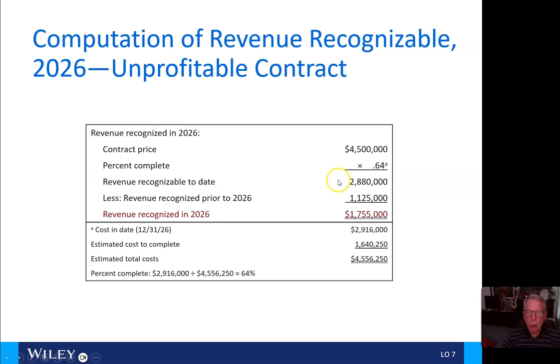And so the revenue recognizable to date will be 2,880,000 less the revenue recognized prior to 2026, 1,125,000. Therefore, the revenue recognized in 2026 would be $1,755,000.